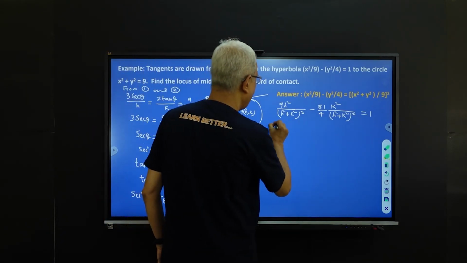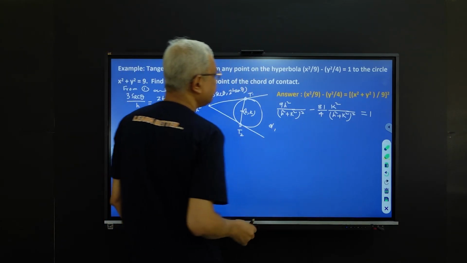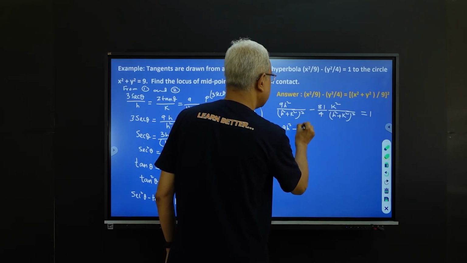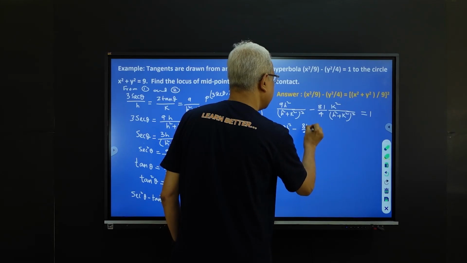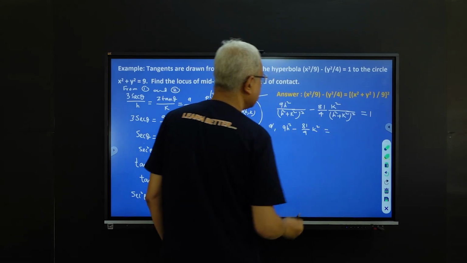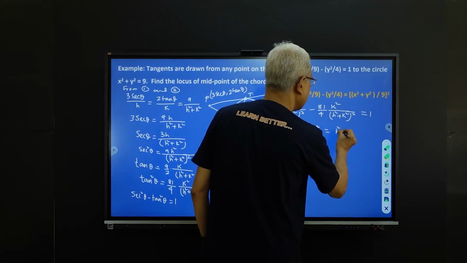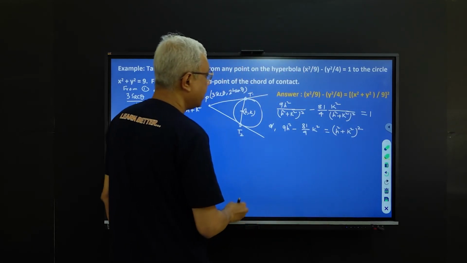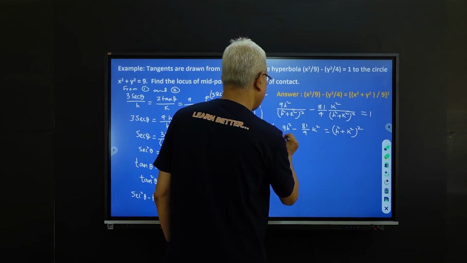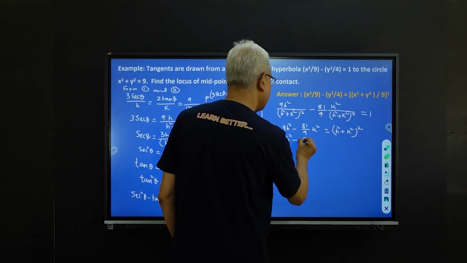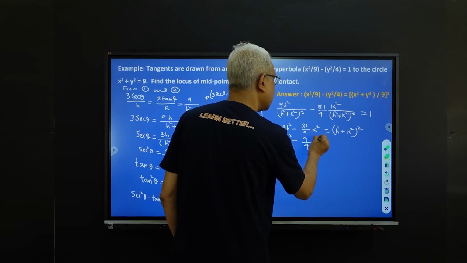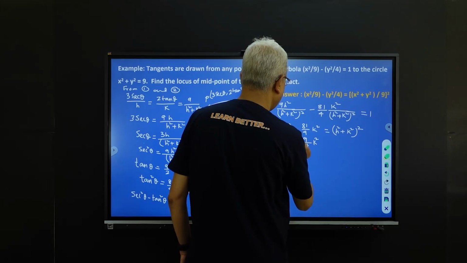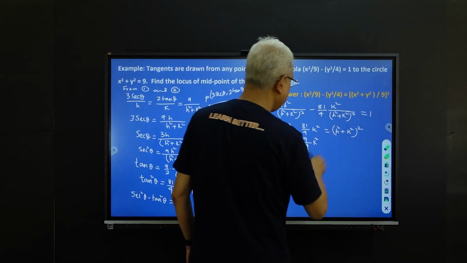Okay, so or you can write 9h square minus 81 by 4 k square is equal to a square plus k square whole square, and therefore h square minus 9 by 4 k square is equal to... I divide by 81.